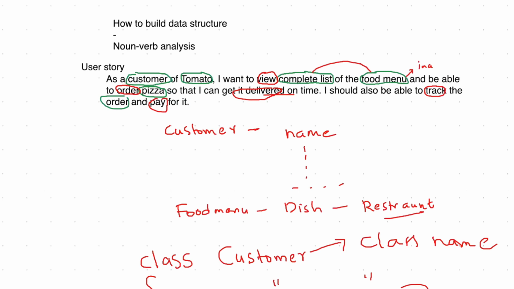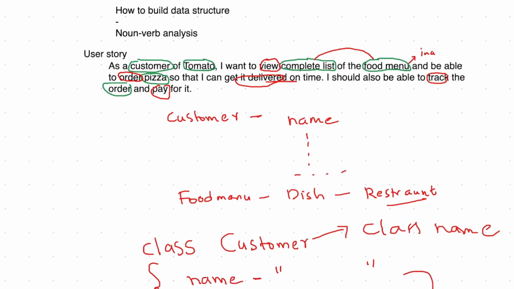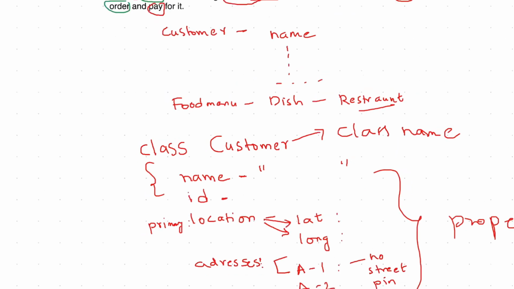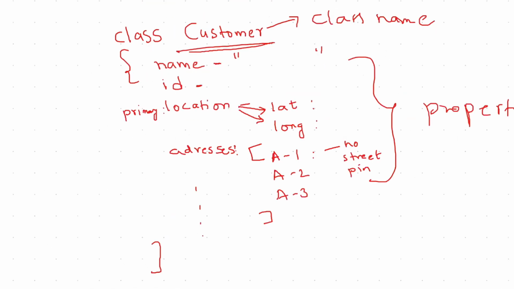A verb in terms of programming is a function or an action that you want to perform or someone is performing. Here the customer wants to view. So there is an action associated with this class, and who wants to view? Customer wants to view. So this class could have some actions as well.